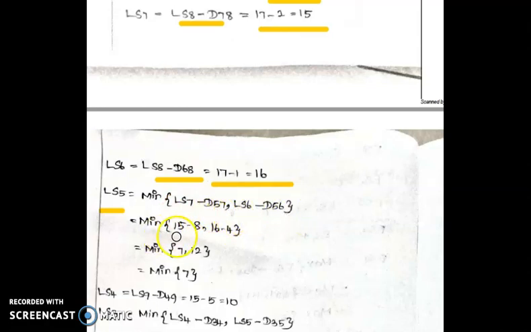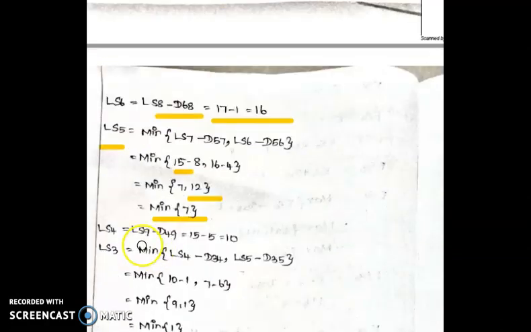What is the value of LS7? 15 minus 8, 7, 16 minus 4, 12. For the backward method LST we should find the minimum value. In EST we should find the maximum value. Here LS4 equal to LS9 minus D49 equal to 15 minus 5, 10.